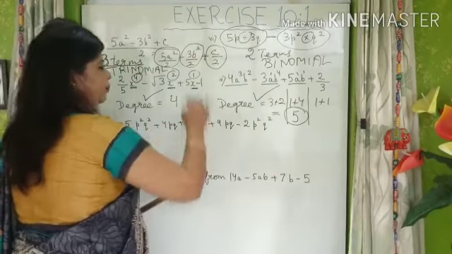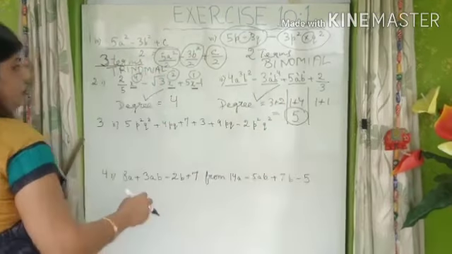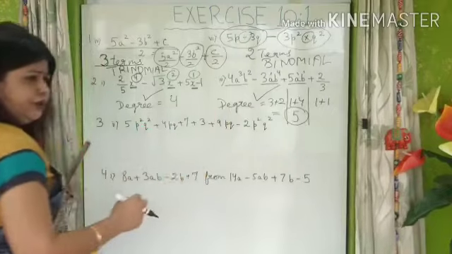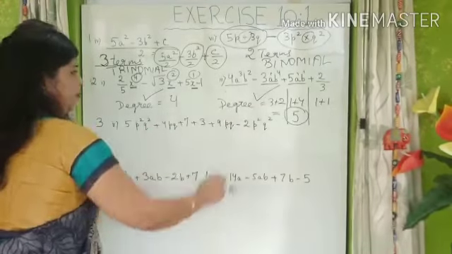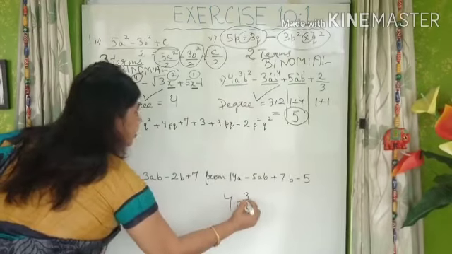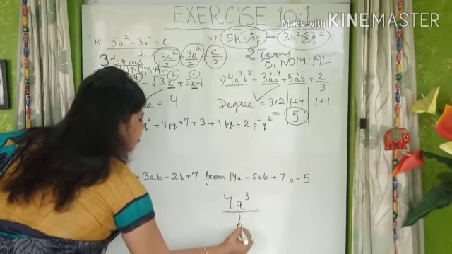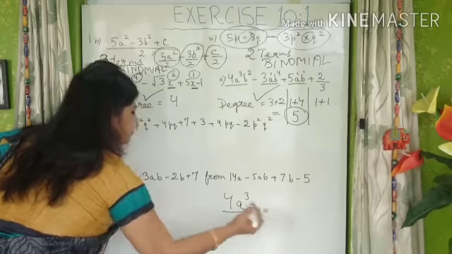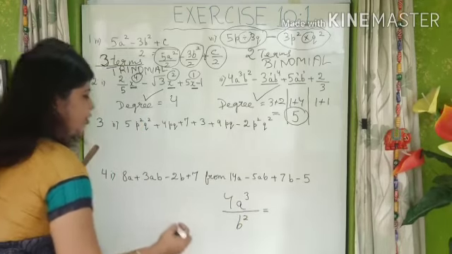Okay. Now here I explain to you that particular expression which is not a polynomial. The same if I write, children, 4a^3 divided by b^2. Now students, you have done exponents.